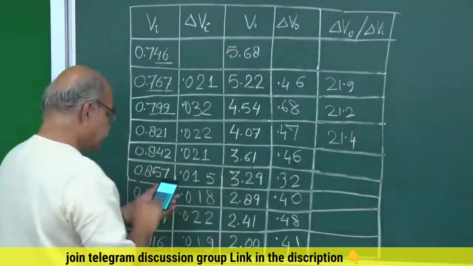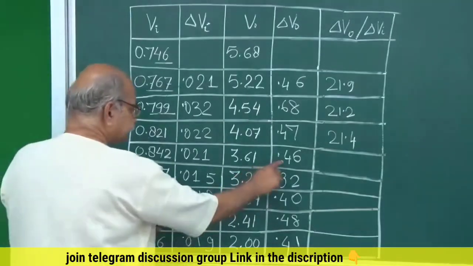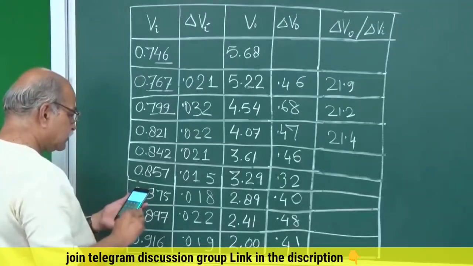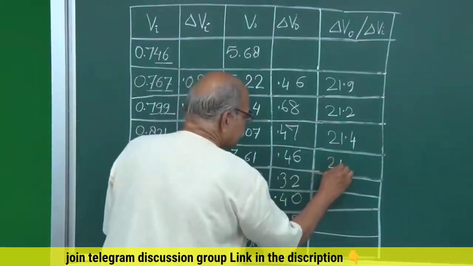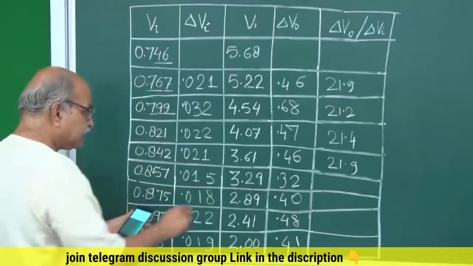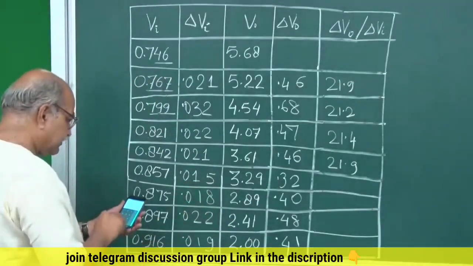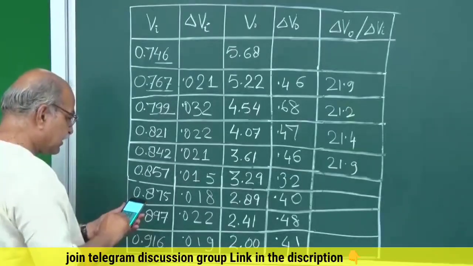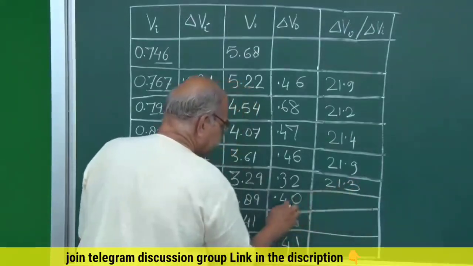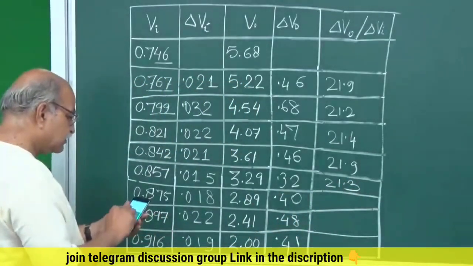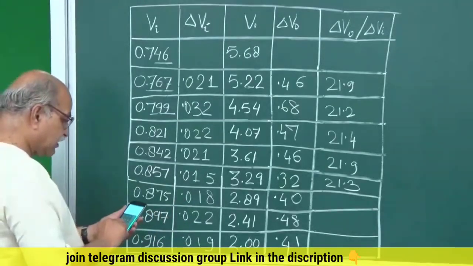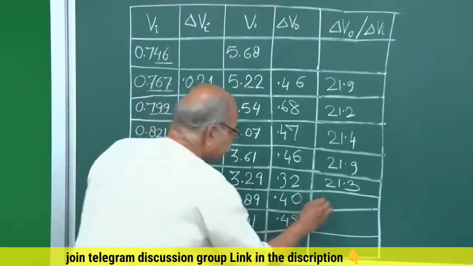Then 0.46 divided by 0.021 is 21.9. Then 0.32 divided by 0.015 is 21.3. 0.40 divided by 0.018 is 22.2.